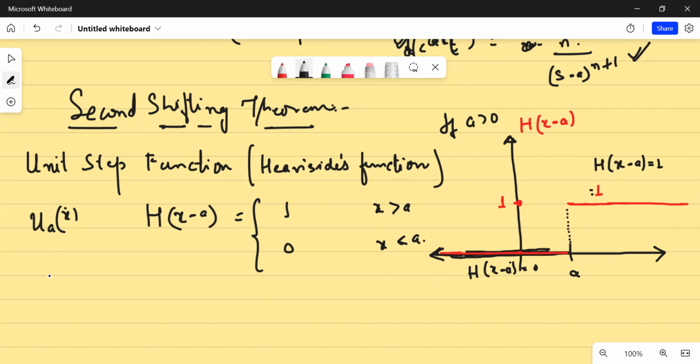Clearly, this particular function is discontinuous.